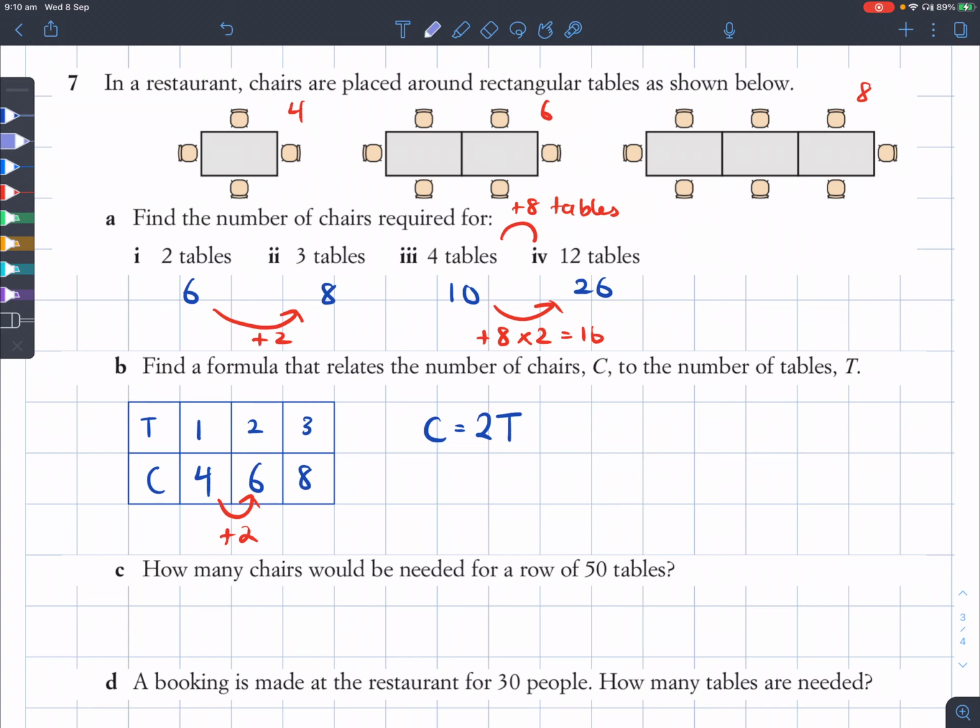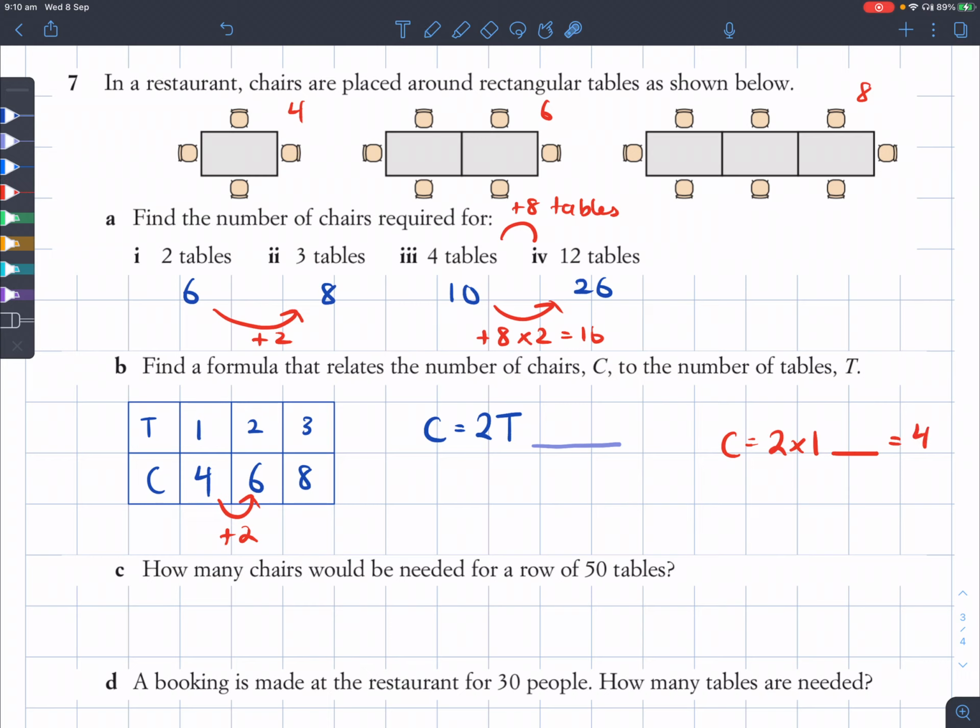Now, after that, that 2T is plus or minus something, because we know that when you do 2 times T, where T equals 1, let me just write that here. C would equal 2 times 1 plus something. And once we substitute in T as 1, we get the number 4. So it's meant to equal 4.